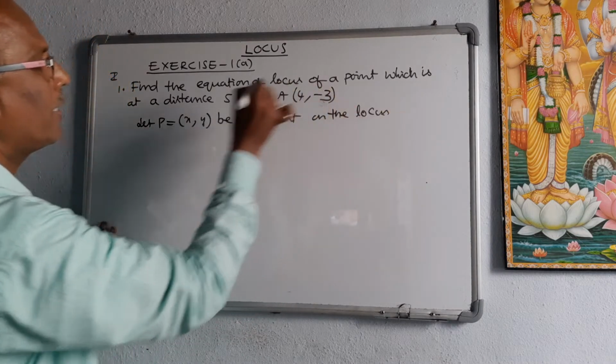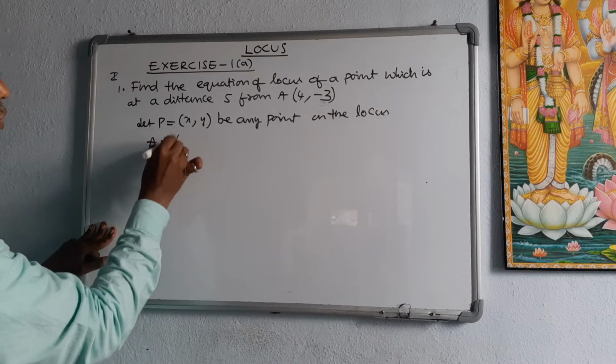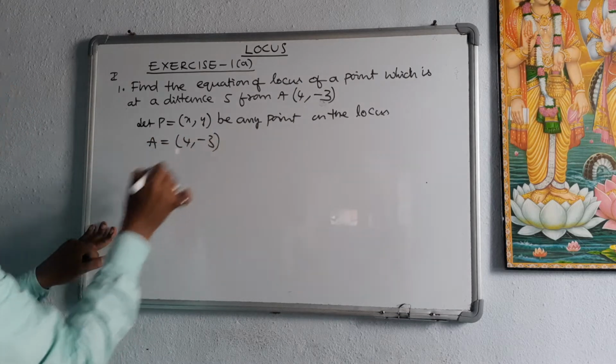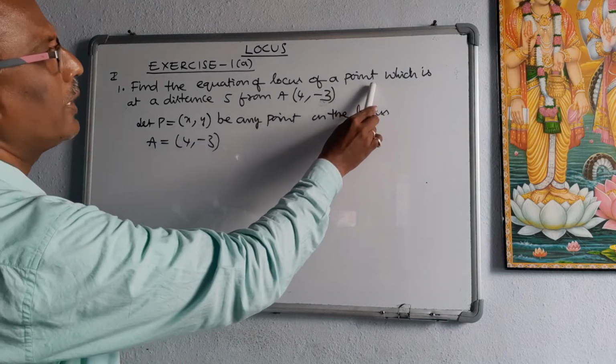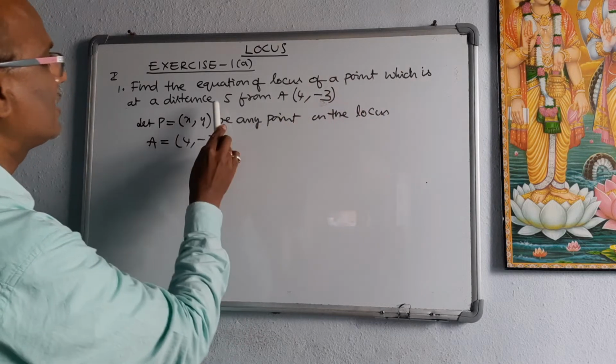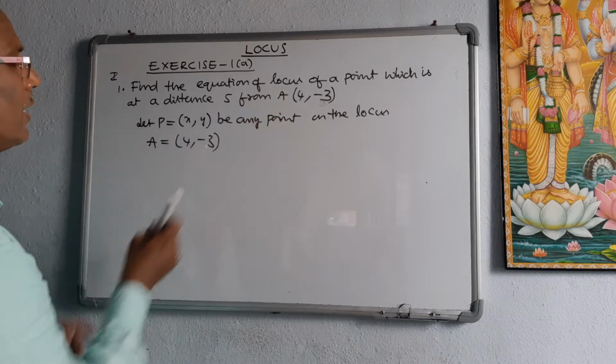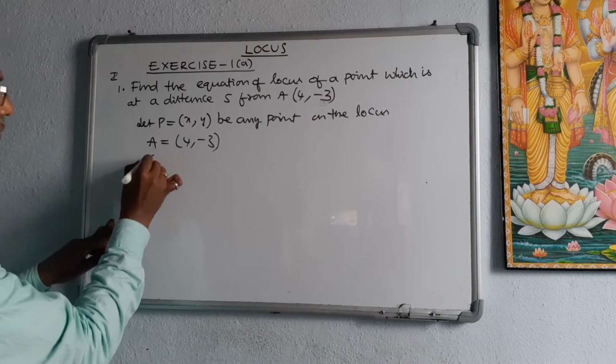Here the given point is A = (4, -3). The given condition is that the locus point P is at a distance 5 from A.